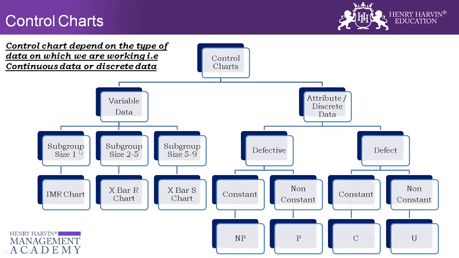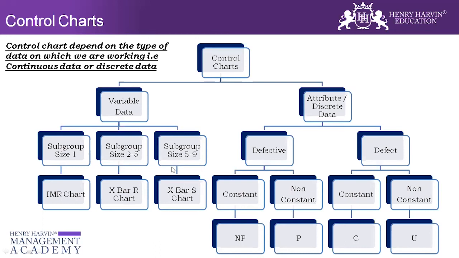If we have one subgroup, then we go for an IMR chart, which is called the individual moving range chart. However, if the subgroup size we're considering is 2 to 5, then we use the X bar R chart. Under variable charts, if the subgroup size is between 5 to 9, we go for the X bar S chart.